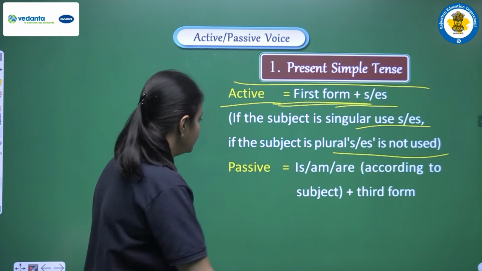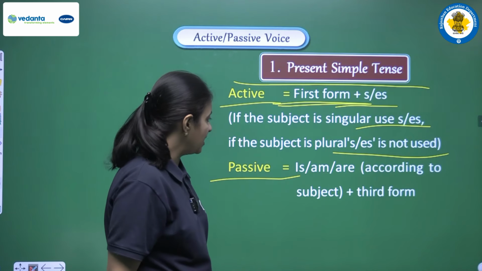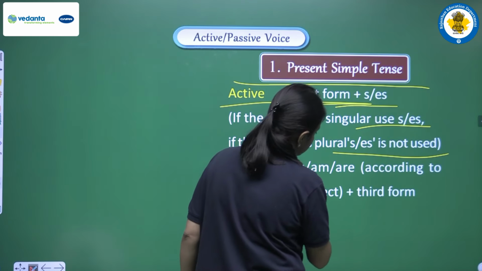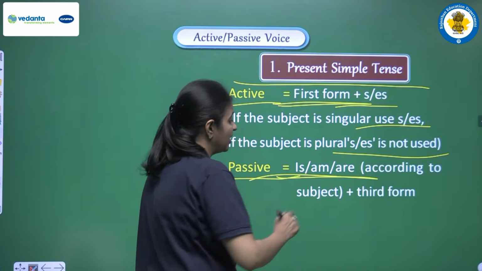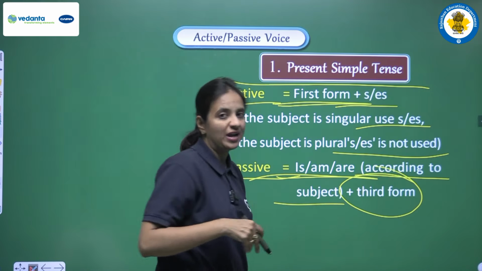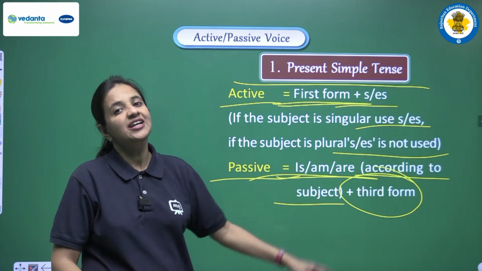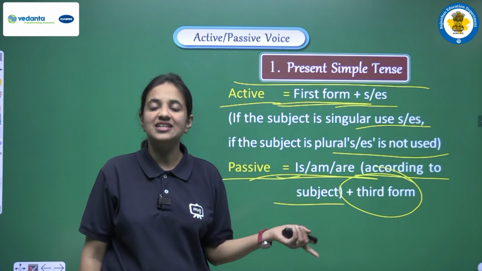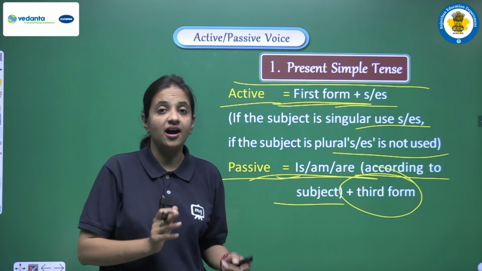So see here. In the sentence of passive voice we have to use is, are or am according to the subject, and then we have to add third form, that is very much obvious, right?